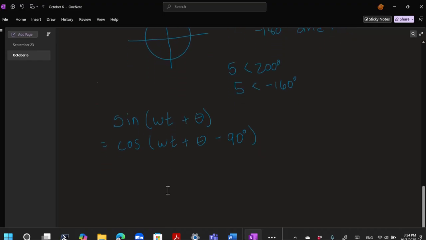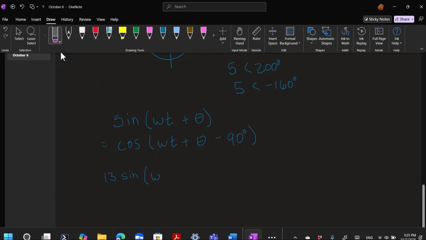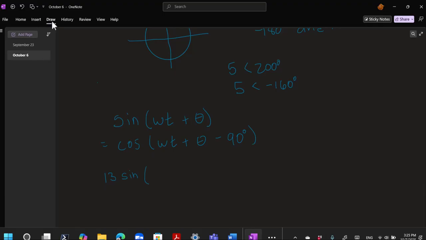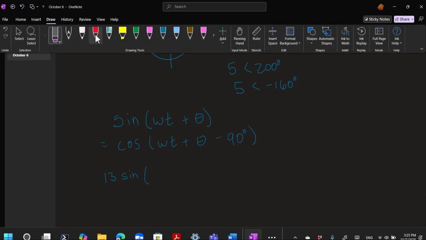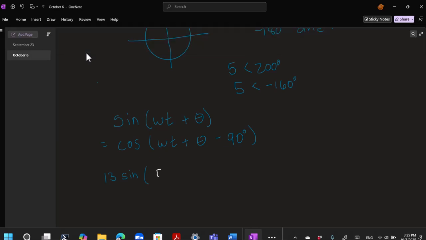So if I have 13 sine, or I could have any number there I wanted, 5t plus 40 degrees, I would want to have that as a cosine because I'm going to have all my phasors in terms of cosine.